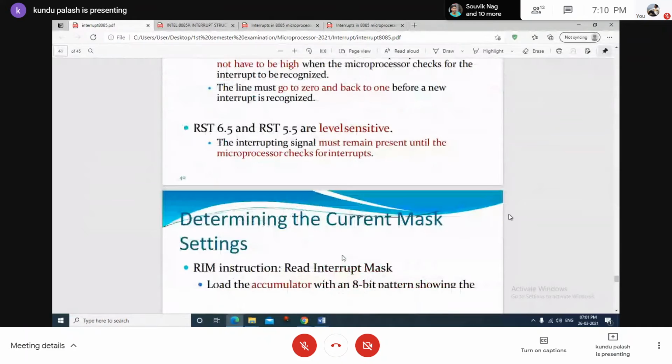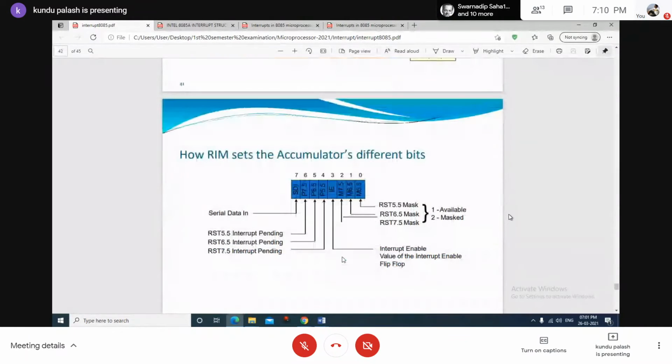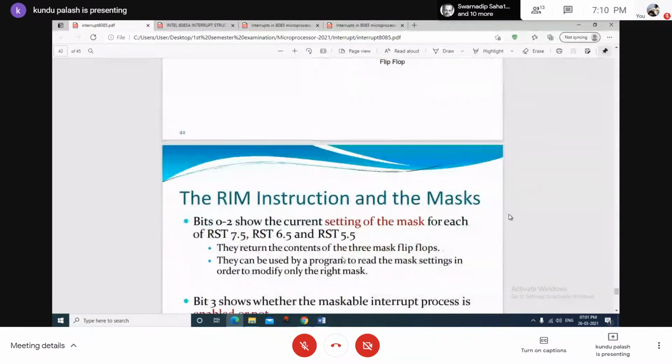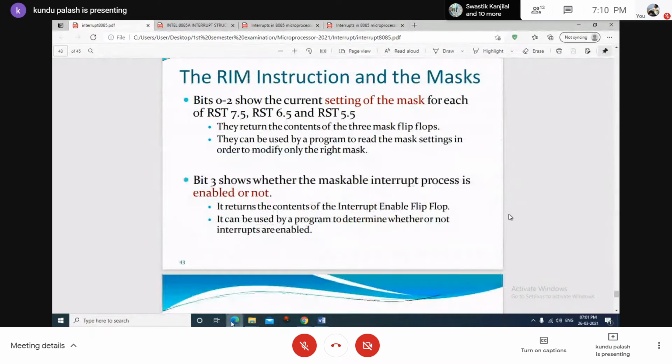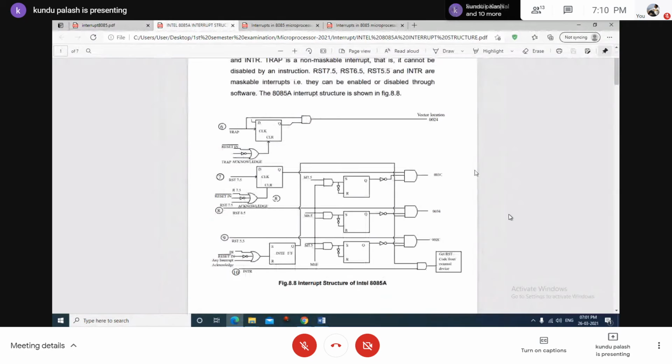And these are the descriptions of the triggering level. In general, the interrupt system is described by this interrupt structure with the logic diagram. We can see that when RST 7.5 occurs, it is basically the clock input of the D flip-flop.